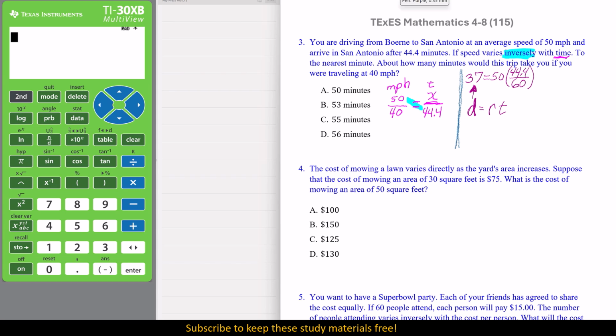Remember, it's miles per hour, so you've got this conversion issue here. Don't forget that. You also have the 40, and then however long it takes you has to be out of 60.